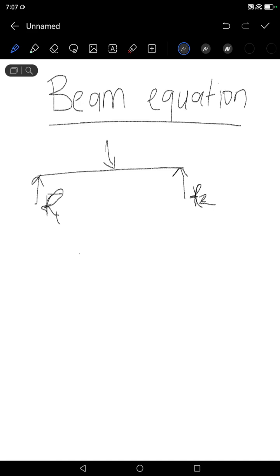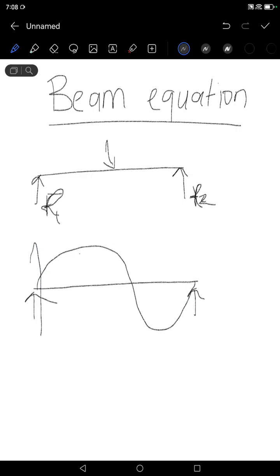So we're also gonna consider this beam element. Let's say we have this, and then we're gonna have the reactions. Here we're gonna have node 1 and node 2, with the forces F1 and F2, and the X direction and the Y direction.